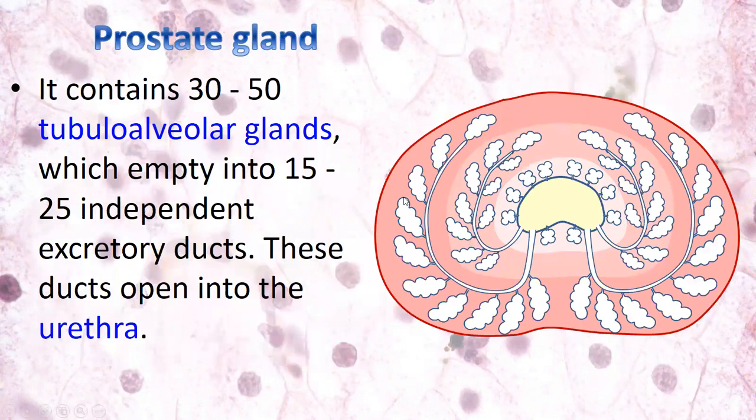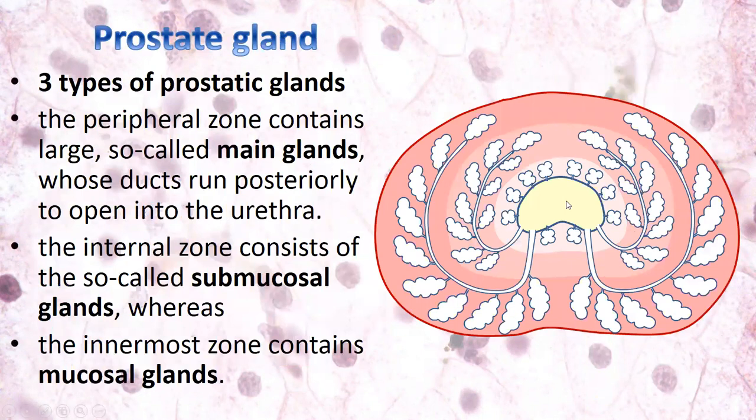The prostate gland contains 30 to 50 tubular alveolar glands, which empty into 15 to 25 independent excretory ducts, and they open into the urethra. There are three groups of prostatic glands, and here we can see three regions located near the urethra: the lumen of the urethra, and its wall.